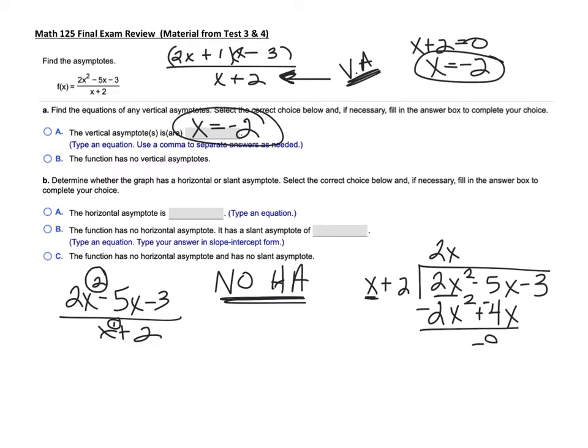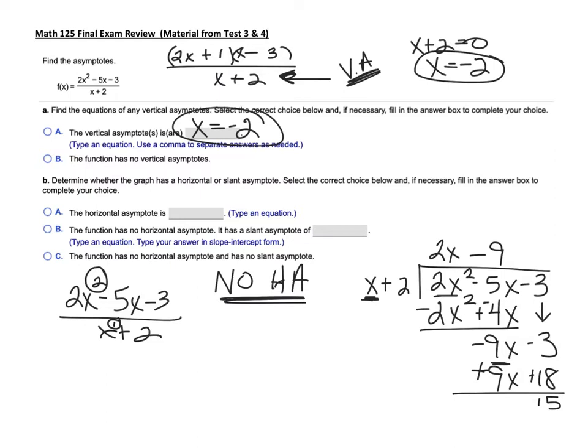That gives you negative 9x. And then now one more time, x here goes into negative 9x, negative 9 times. Okay, you can finish it out if you want to. And if you subtract, you change both signs, you get a remainder of 15.